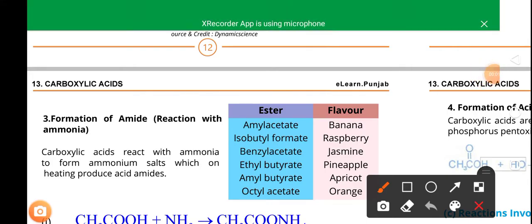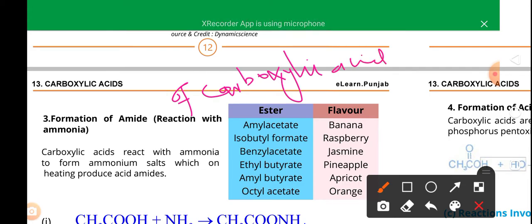Let us discuss formation of amide, the reaction of carboxylic acid with ammonia. This is the third derivative of carboxylic acid.